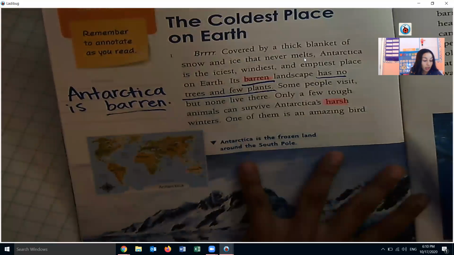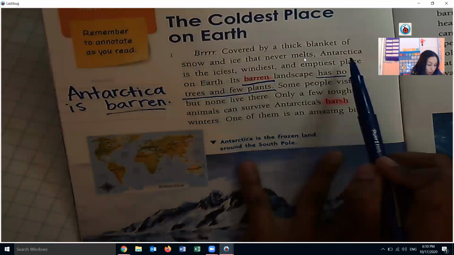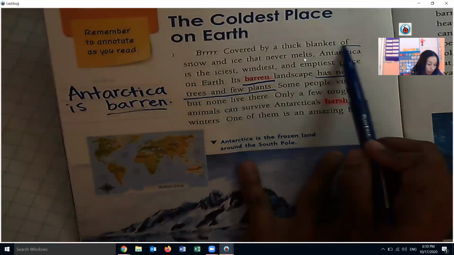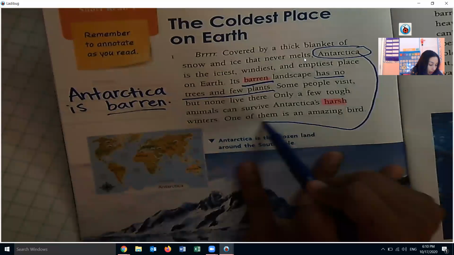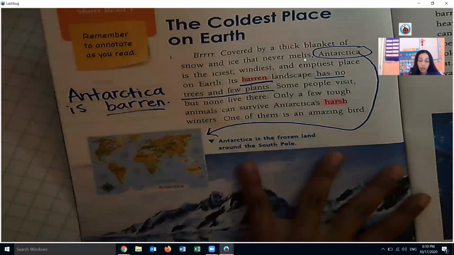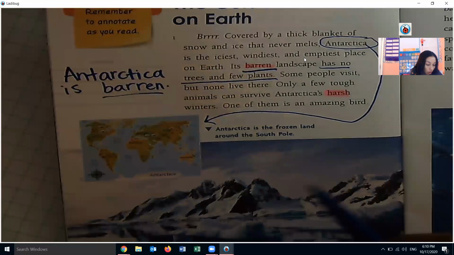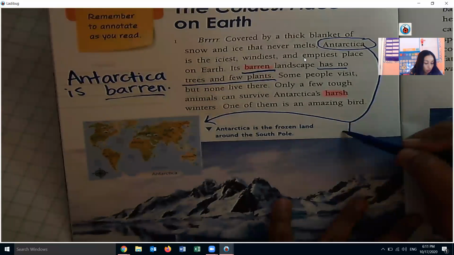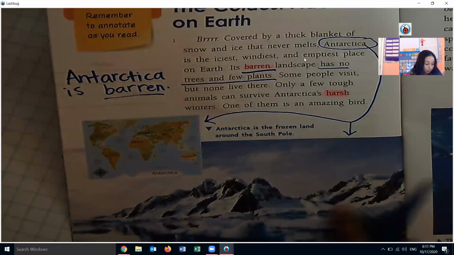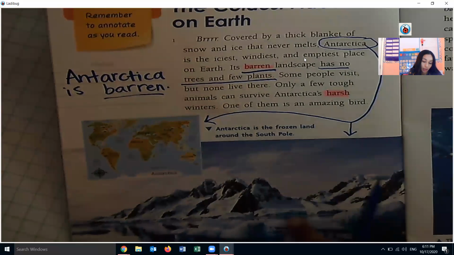So this story is about the coldest place on Earth. I'm going to circle Antarctica, and then draw an arrow pointing to the map. It talks about Antarctica, and then it shows where it is on a map. It shows what Antarctica looks like.